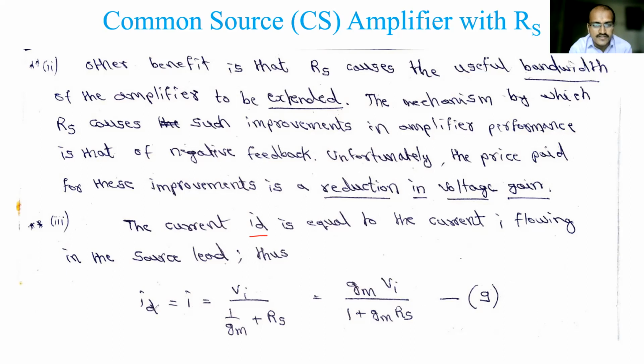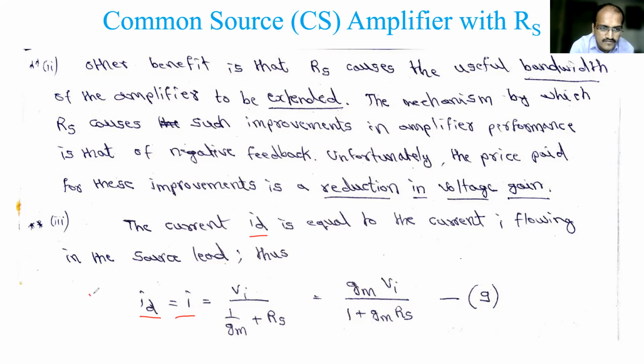If you equate that, what is its value? ID equal to I is given as VI by (1 by GM plus RS). This is now a current; in the previous case we took voltage.